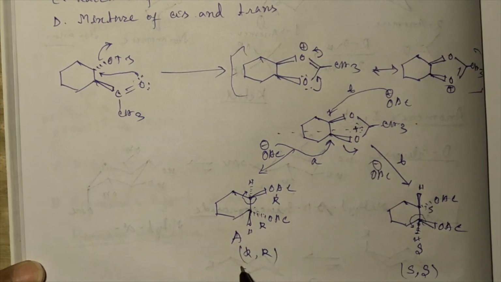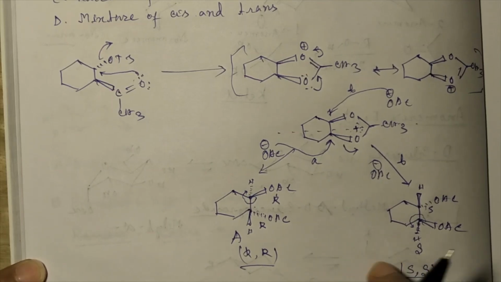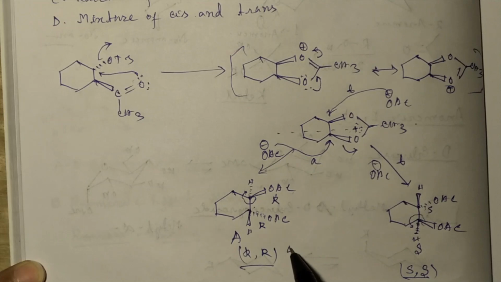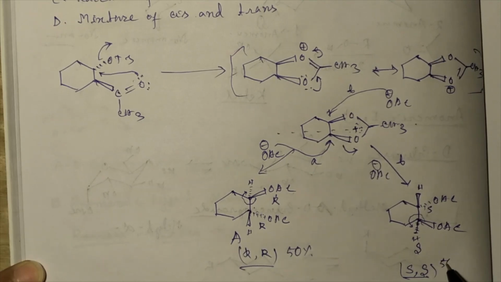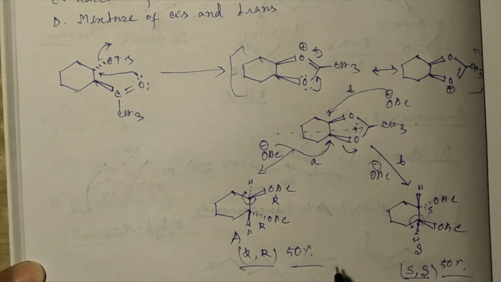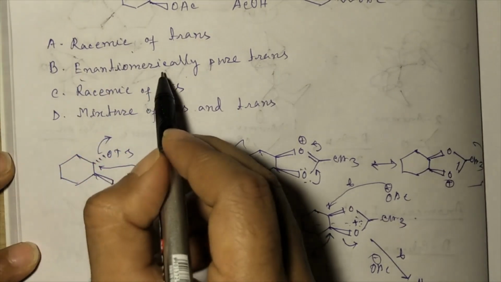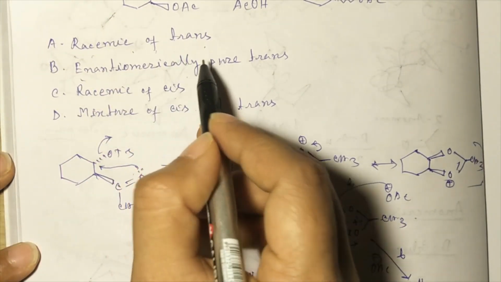As these two are RR and SS, these two compounds are enantiomers, and the probability of forming each compound is 50%, 50%. So a racemic mixture will be formed, and this is actually trans. So our answer will be racemic of trans. This will be the answer.